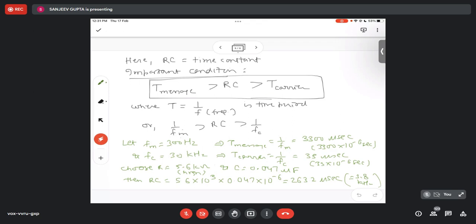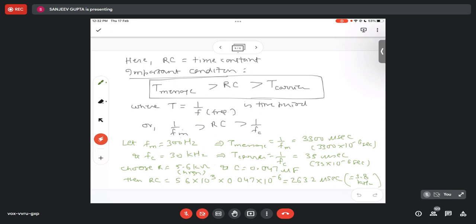So I choose a resistor R with a very high value, because it needs to bleed the voltage. Let's say I choose R as 5.6 kilo or 10 kilo, and choose some value of C, but ensure that the condition on RC, which is a time, is satisfied. So I choose 5.6 kilo ohm and 0.047 microfarad. The important thing is R should be high, and C could be a smaller value.